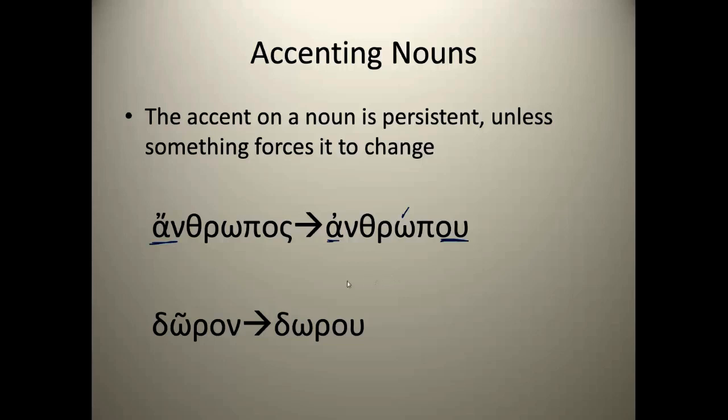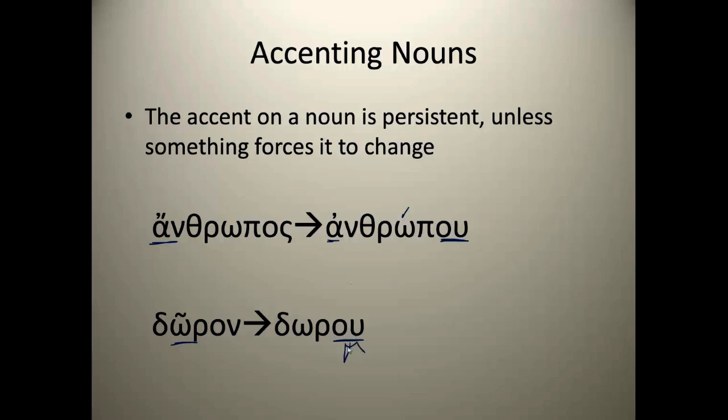Right, the same idea. If something forces it to change, the accent's going to change. So doron, gift, naturally has a circumflex over the omega. But in the genitive, it becomes doru. This is long.